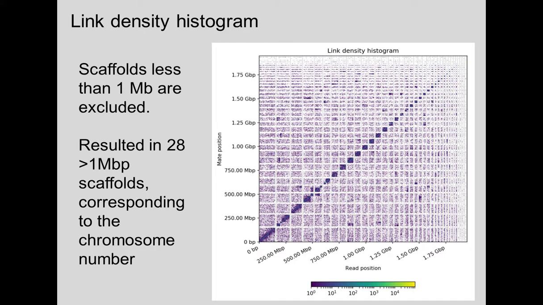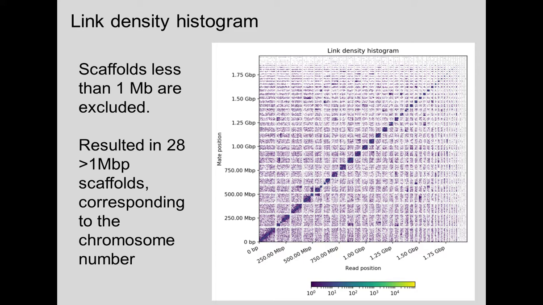Here, if we look at this link density histogram, you'll see that all the scaffolds that were less than 1 MB were excluded from the analysis. And the x-axis and y-axis are mapping positions of the first and second read in the read pair respectively.